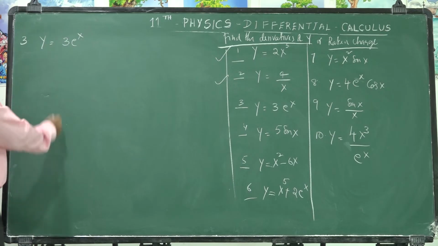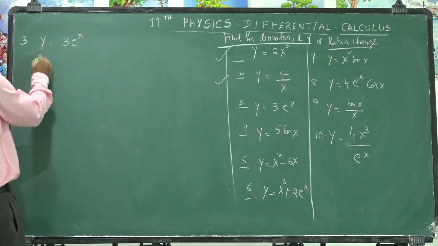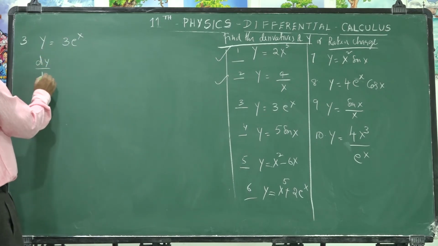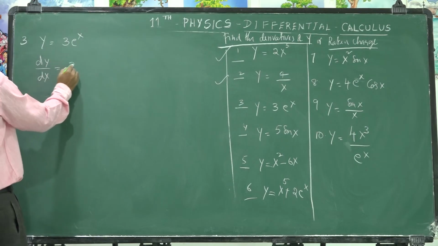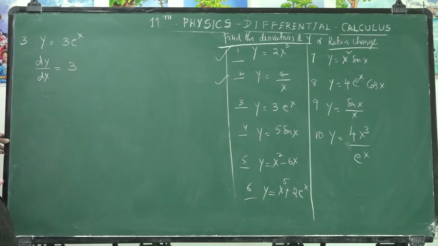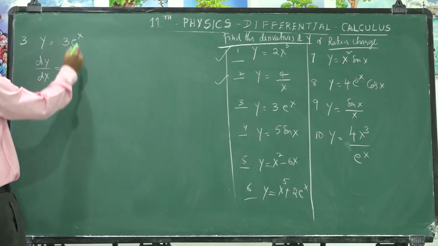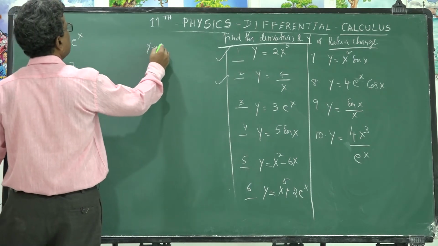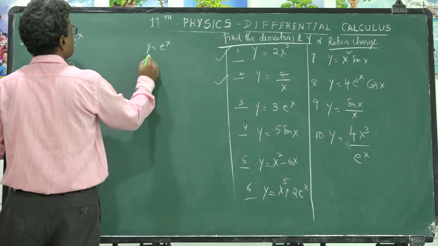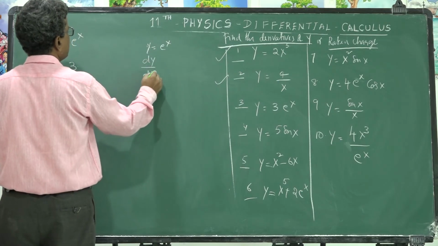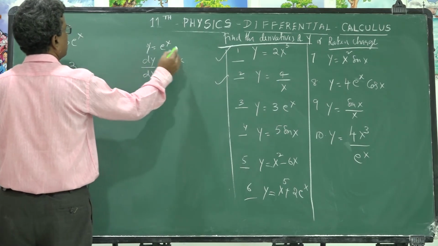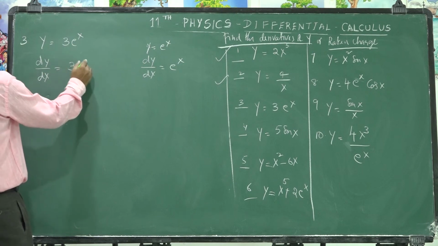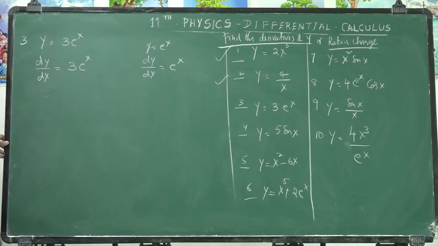So I want the derivative of this, dy by dx. 3 is constant, you keep it as it is, e to the power x. If y is e to the power x, I said dy by dx is e to the power x only. So you will get 3 e to the power x only. Next, fourth one.